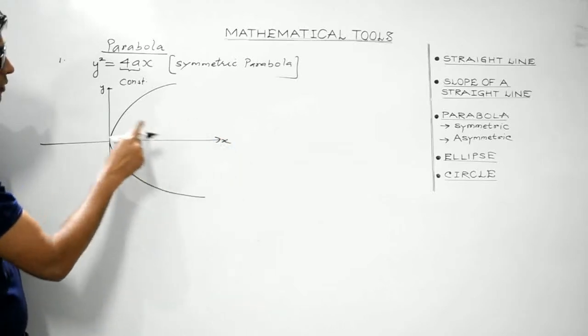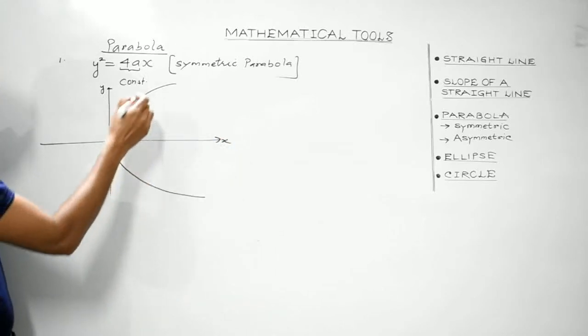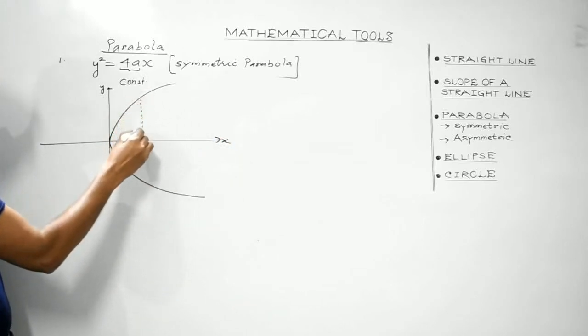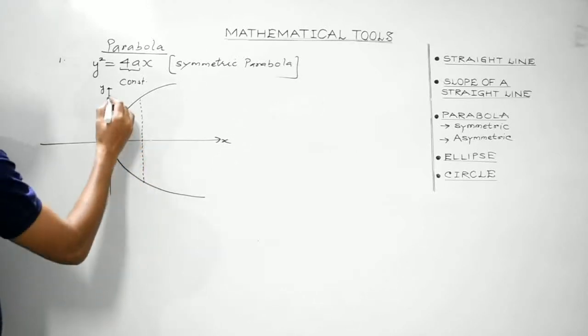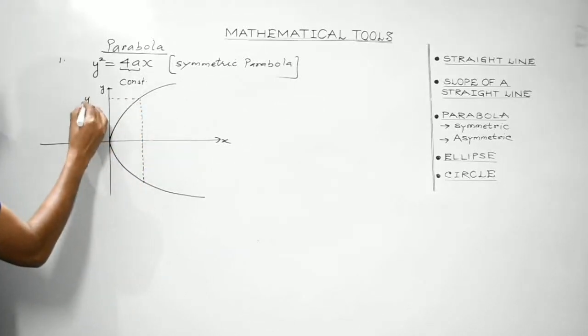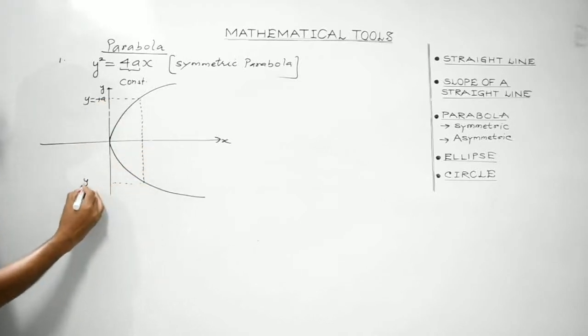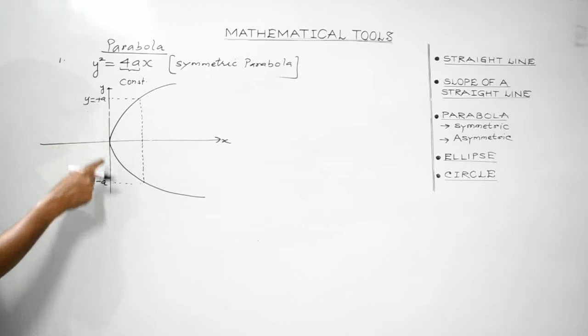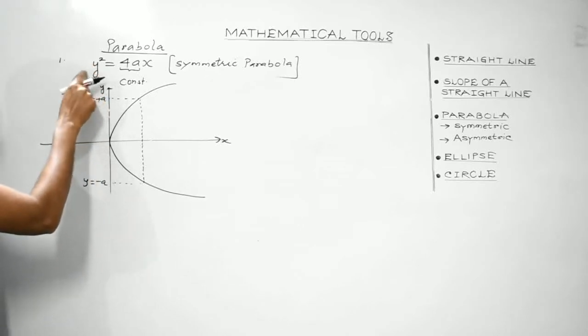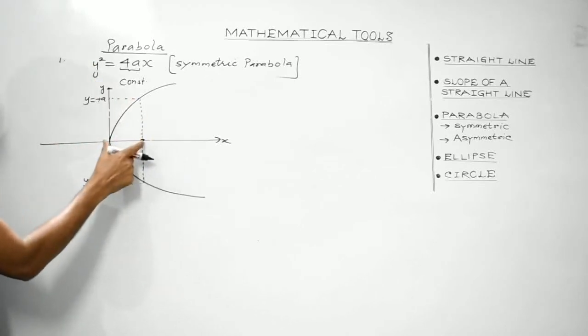Right? I'll show you with the help of the diagram. Suppose this is y equals plus a and this is y equals minus a. For plus or minus a value of y, x will have the same value.